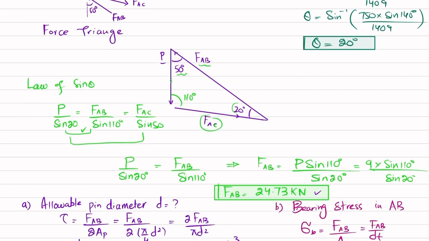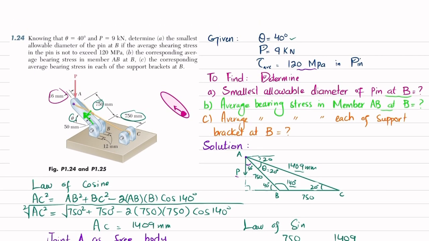In part C, we have been asked to find the bearing stress in support bracket. So bearing stress in support bracket. Again you can see there are two brackets, one is this one and another is this one.